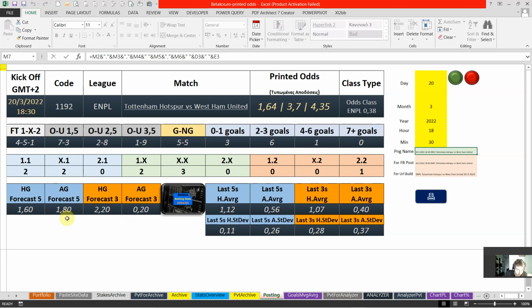And now the forecasting means that we try to answer the question: in this match, how many goals should the home team score? So the new set of 5 games, we get the average of 1.12 goals per match.